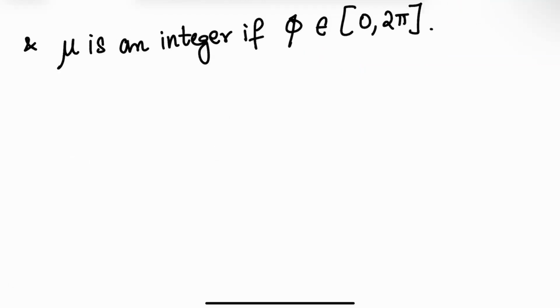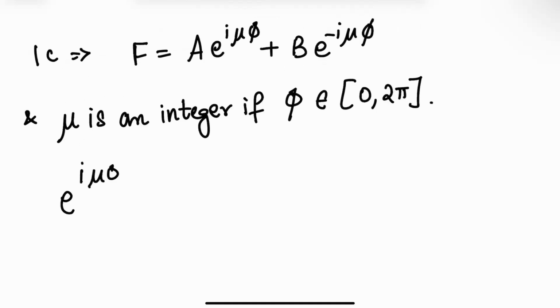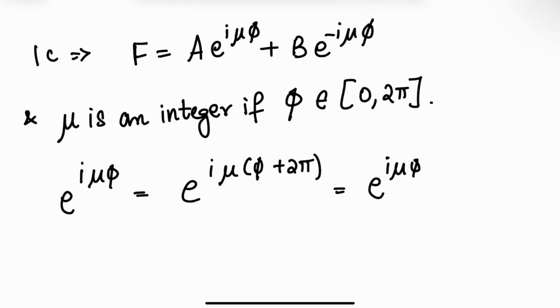We saw this in the Bessel function case, because e to the i mu phi must also be equal to e to the i mu (phi plus 2 pi), which is equal to e to the i mu phi times e to the i 2 mu pi.